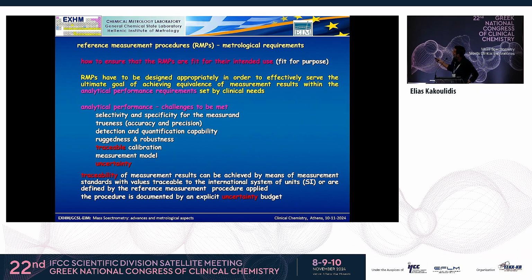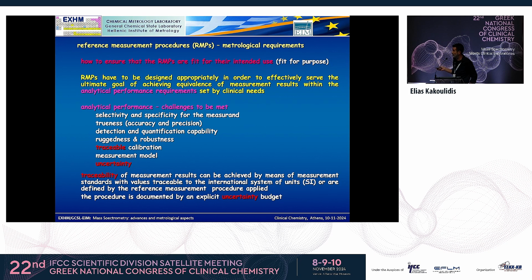What about the reference procedures? As I described with the previous examples, they have to be thoroughly validated. The validation procedure is straightforward. We have to account for selectivity, specificity, trueness, detection and quantification capability, ruggedness, and the robustness of the procedure.